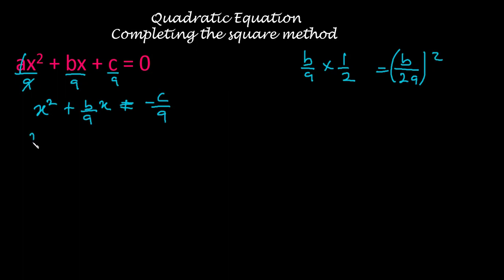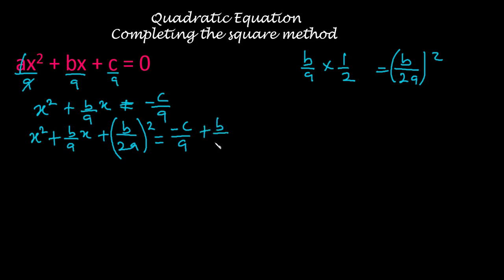So we are going to say x squared plus b over a x plus b over 2a, everything squared, is equal to minus c over a plus b over 2a, everything squared.